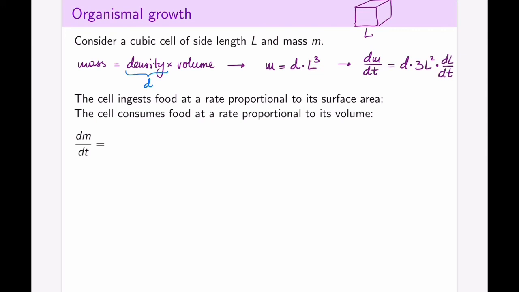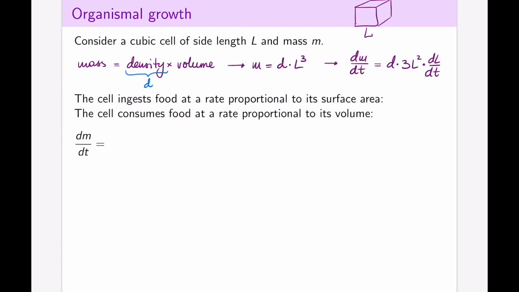I don't know it explicitly, but I don't have to. I will simply think of it as an expression of the rate of change of the side length with respect to time. Now, what I'm actually going to do is derive the expression for dM/dt, the change in mass with time, in a different way.